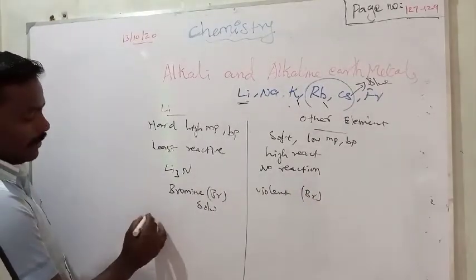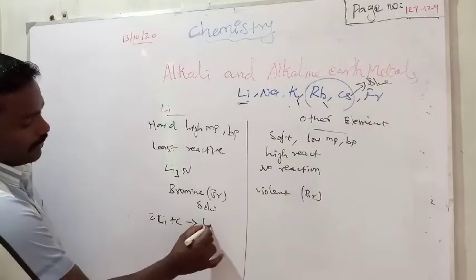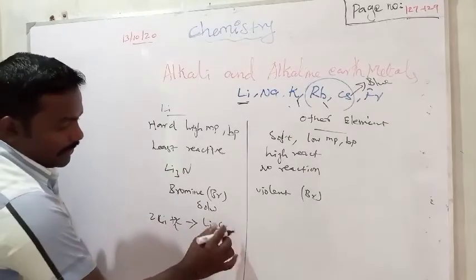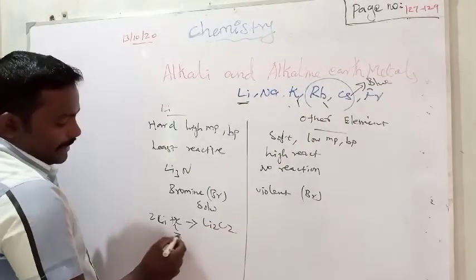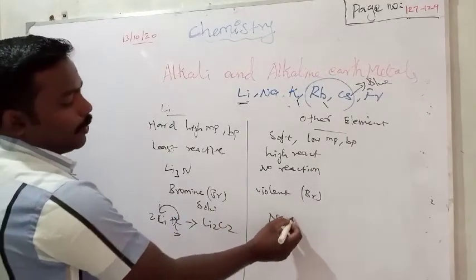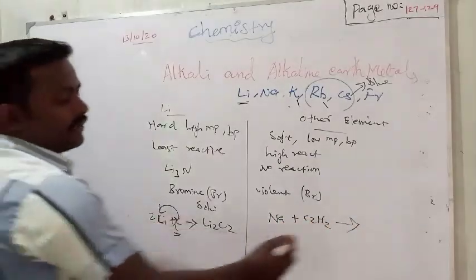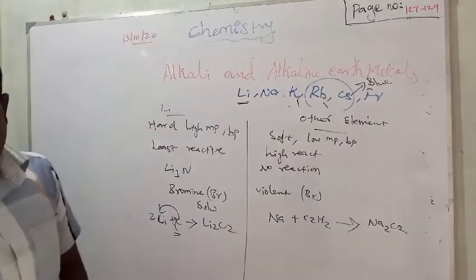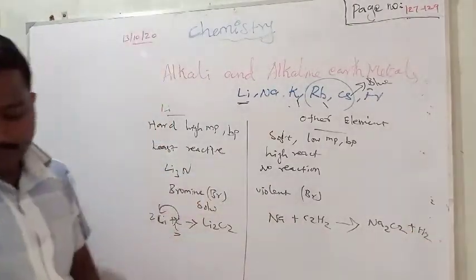Then with carbon, lithium carbide will form. Here carbon is directly attached to lithium, but the other elements only react with compounds of carbon, not directly with carbon, for example Na2C2. Then hydrogen, they didn't write, you have to write.